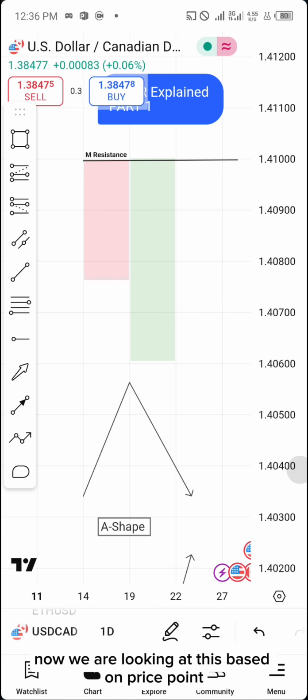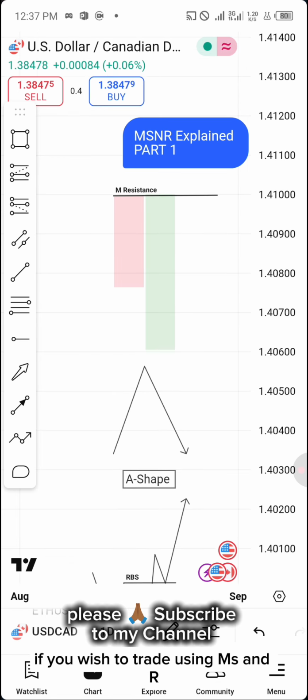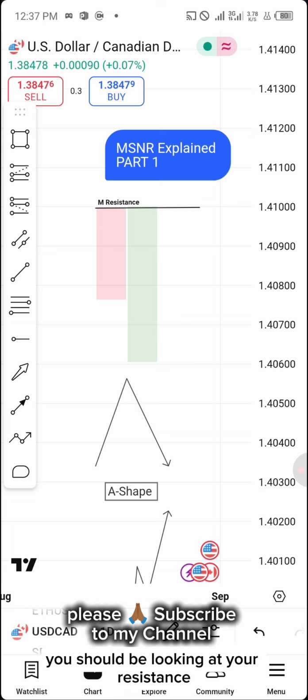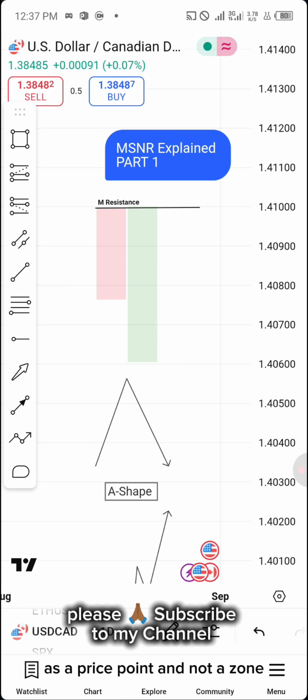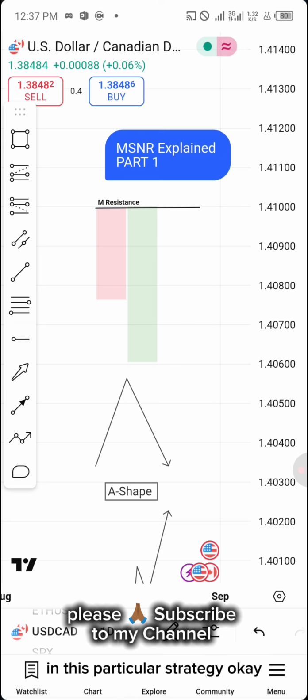Okay, now we are looking at this based on price points and not a zone. If you wish to trade using MS&R, you should be looking at a resistance as a price point and not a zone. Now we'll be combining the candlestick chart and the line chart in this particular strategy.